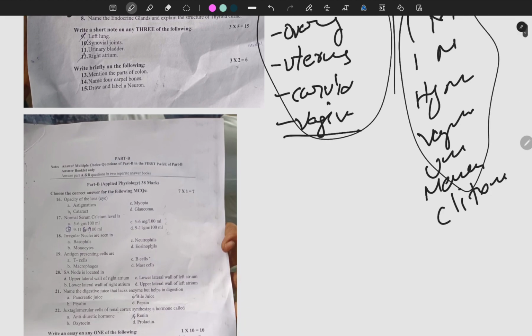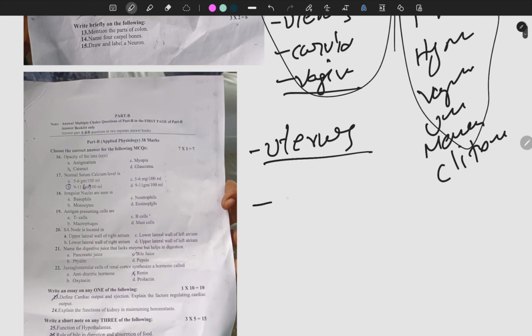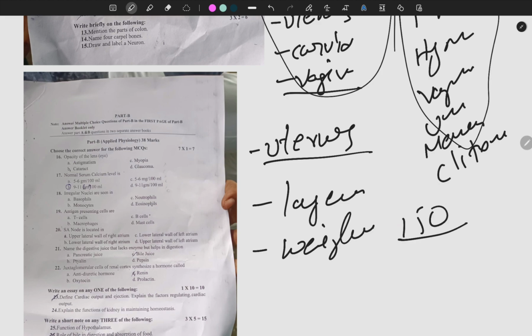So finally you have to write about the total structure of the uterus. In detail you have to write about the uterus, about the layers. Weight 150 grams, something like that.